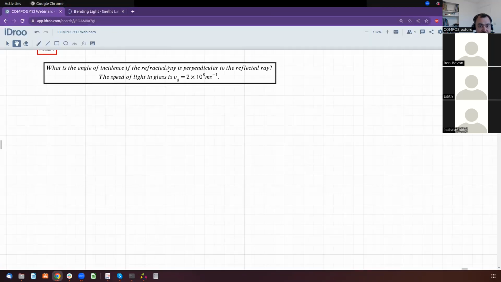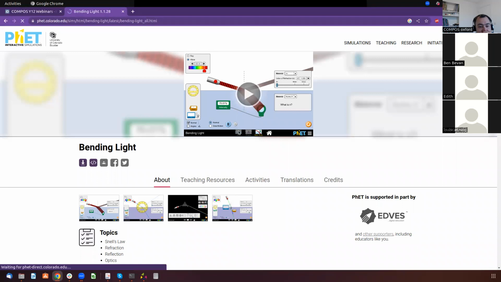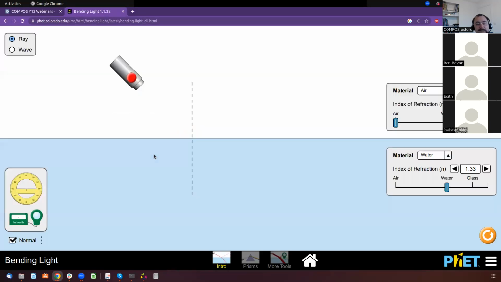The angle of incidence, the refracted ray is perpendicular to the reflected ray. So what does that mean? Let's have a look.